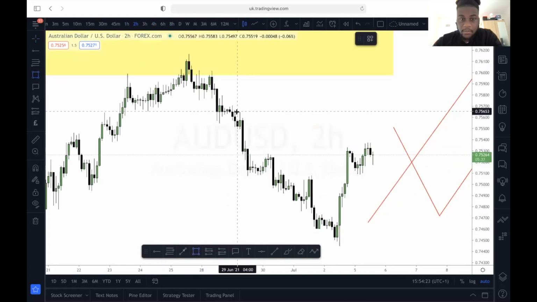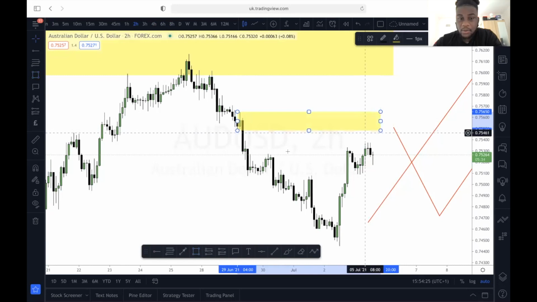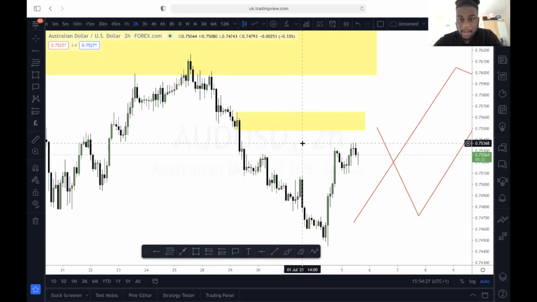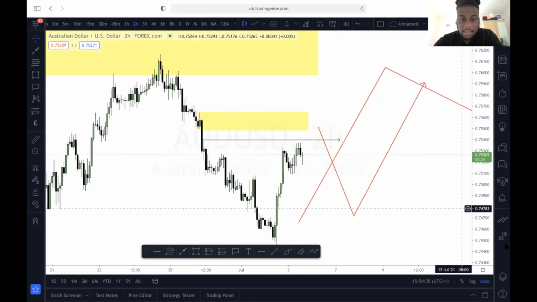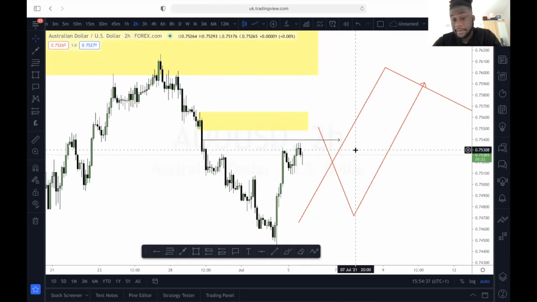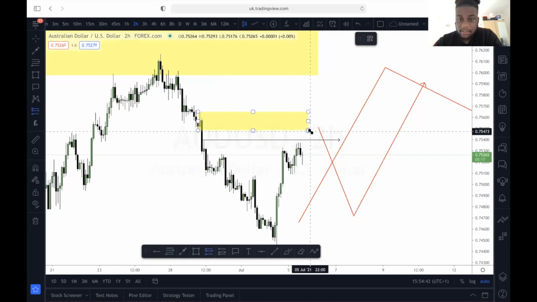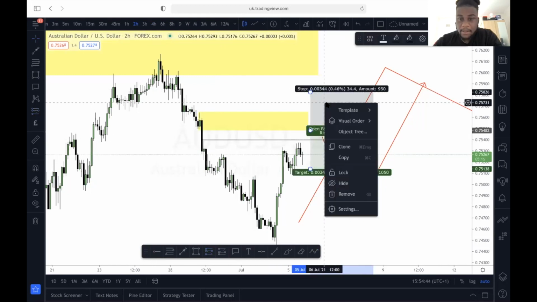We've got a bit of imbalance sitting within that gap also. So there are reasons for price to push up higher for sure. We can see that there are bits of liquidity sitting above these highs here also. So there are reasons for price in terms of AUD/USD to push up for the short term anyways. So I'm gonna be looking for a potential short on AUD/USD right here.